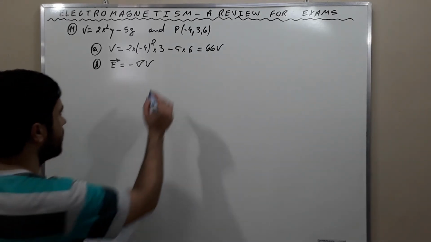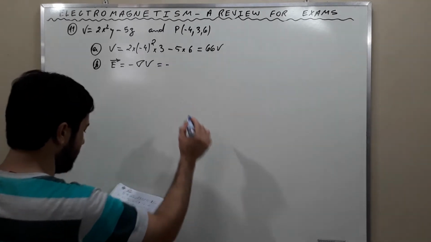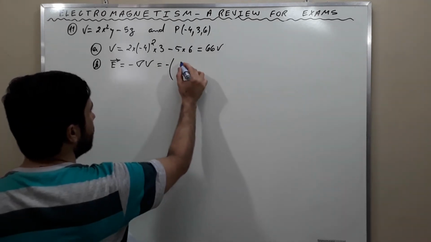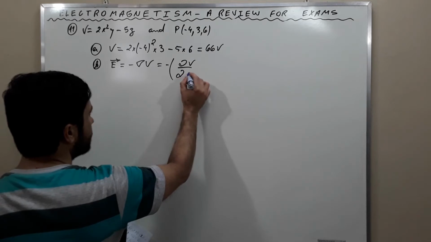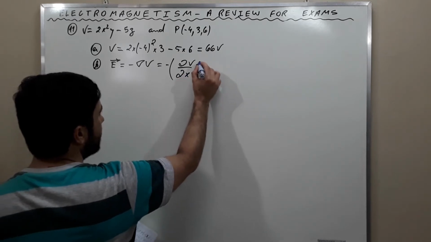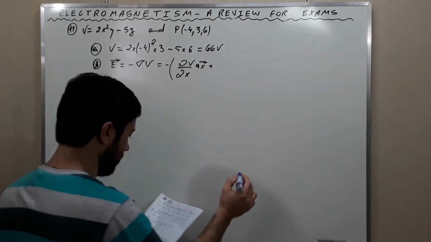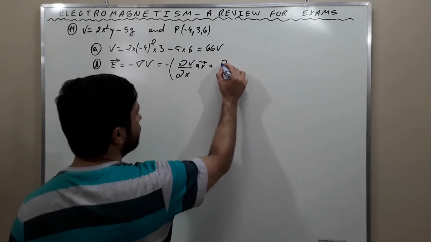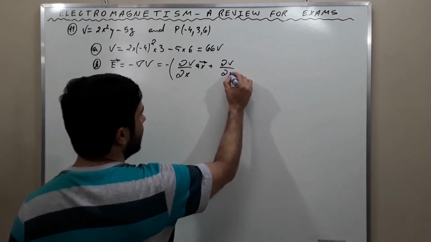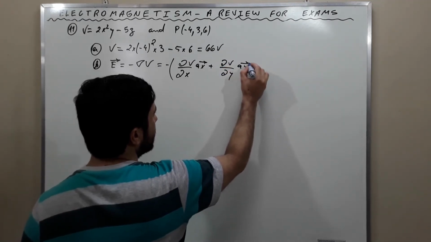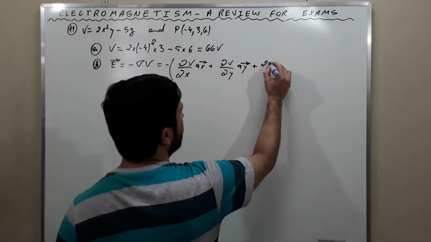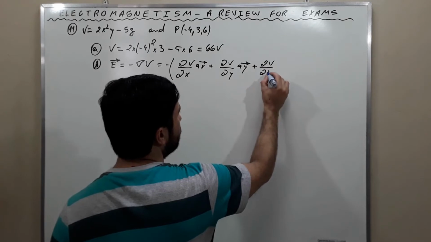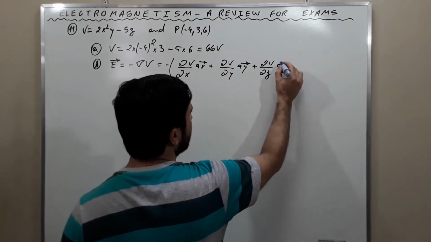So the negative of the gradient is going to be the partial derivative with respect to x in the ax direction plus the partial derivative with respect to y in the ay direction plus the partial derivative of the potential with respect to z in the az direction.